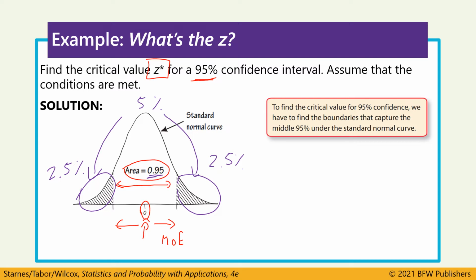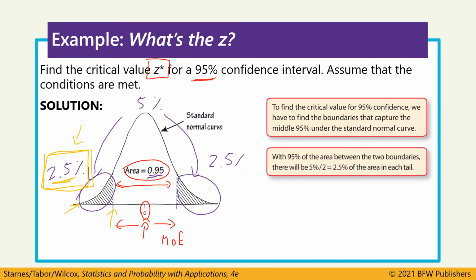2.5% on the right. Now, this becomes a problem just like we did earlier in the year when it's giving us some kind of percentage, right? We're given a percentage and we want to find the z-score for that value. So we're going to look this up in the middle of the table, and then we're going to move to the outsides to see what's the z-score that would leave that area, that percent area in that tail.